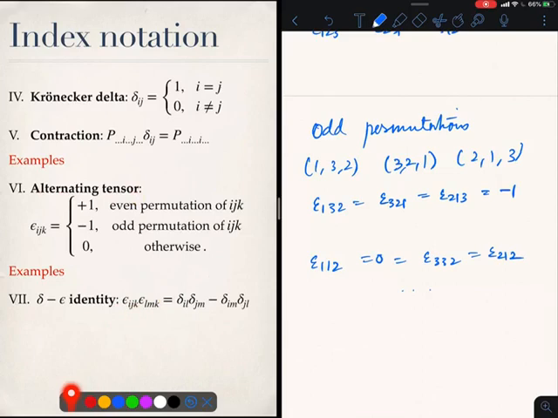Please note here k is a dummy index, so that's a summation. i, j, l, m are free indices: i is a free index here, j is a free index here, and similarly l and m are also free indices, and k is a dummy index, so it need not be repeated over there. This equation, as you will see, will come up in many operations. So now I think we are really ready to apply it to some vector algebra.